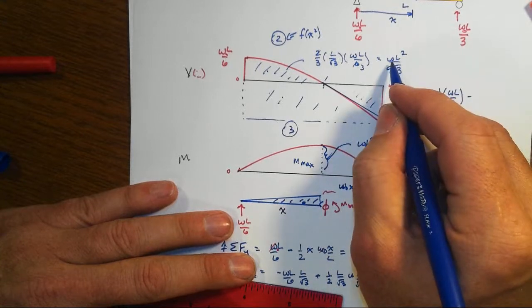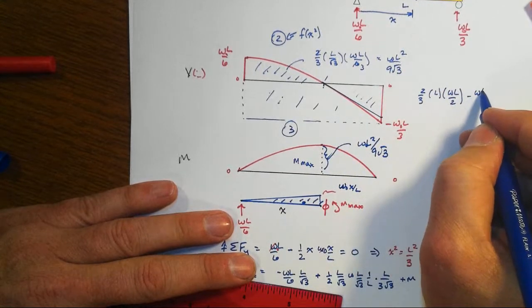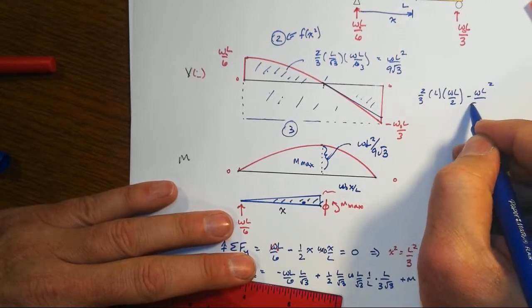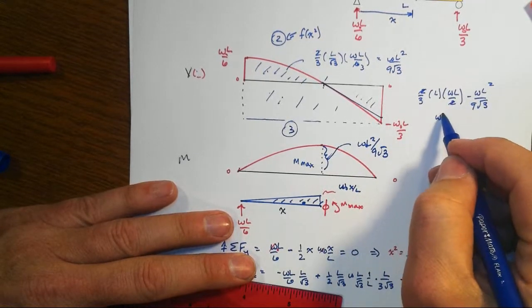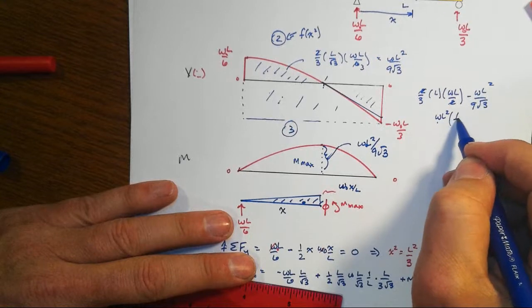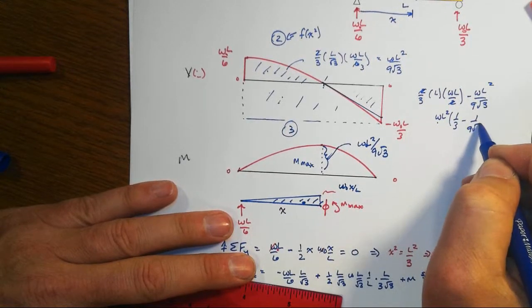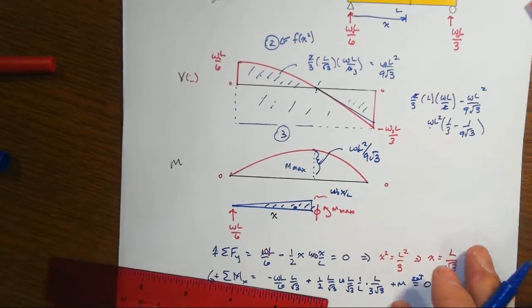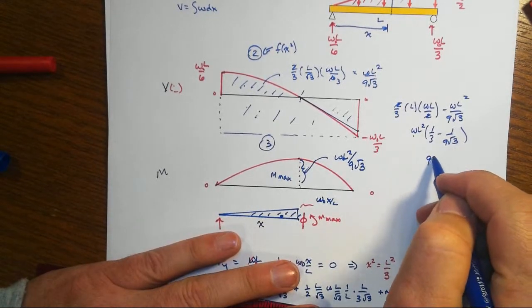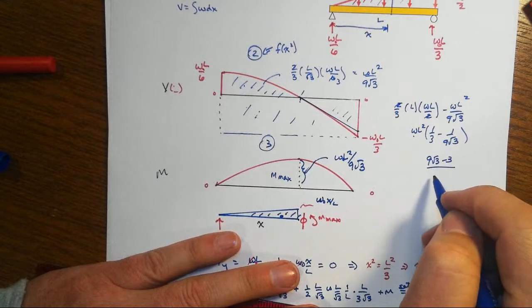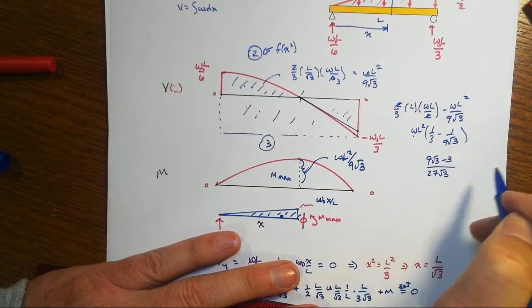And then we'll subtract off this WL squared over 9 root 3. And we'll have WL squared times 1/3 minus 1 over 9 root 3. And then we've got to find that common denominator. This is a pain, right? 9 root 3 minus 3 over 27 root 3.